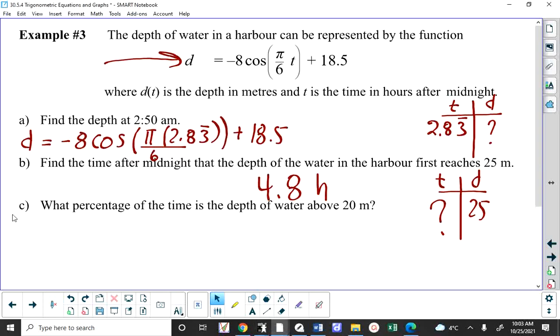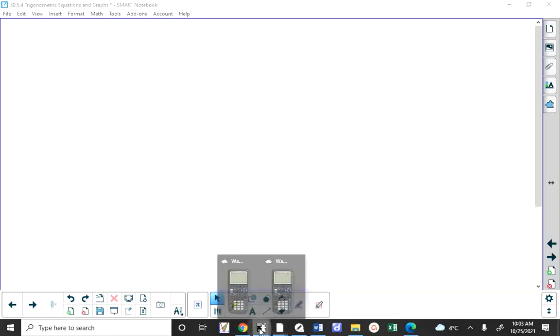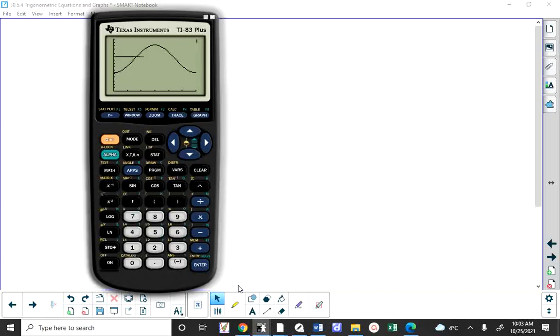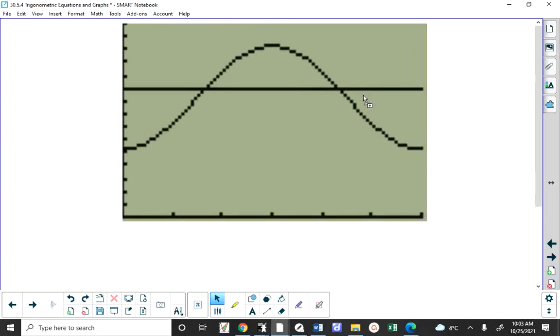Question C says, what percentage of the time is the water deeper than 20 meters? So we can repeat this process that we did in B, but I'm now going to put in 20 meters. And I want to make an observation to you, and this is one of the reasons why I've told you to do it this way.